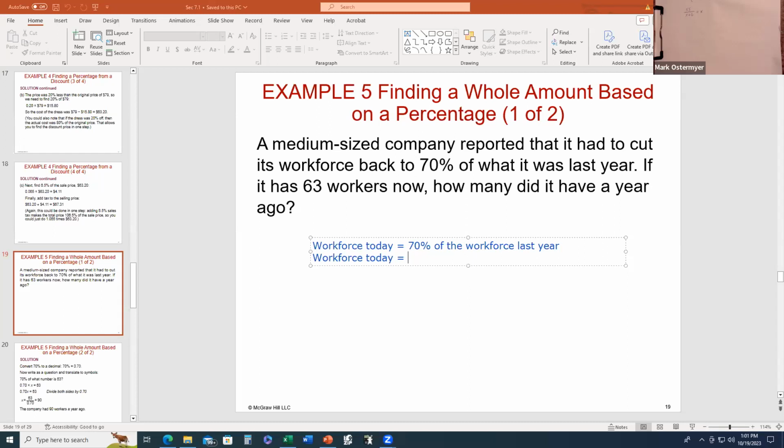So change the percent to a decimal, 0.70, drop the percent symbol, and we're going to multiply this by the workforce last year. Now, ladies and gentlemen, we don't know the workforce last year. We could give it a variable name, call it X. What's the workforce today, though? They tell us it's 63. So we have an equation. 63 is equal to 0.70 times X. How do we solve for X? How do we solve this equation for X?